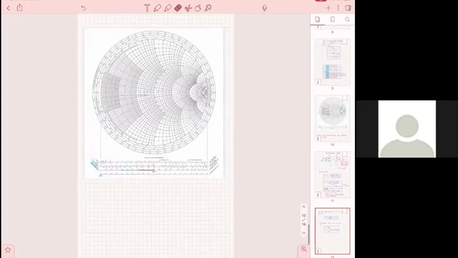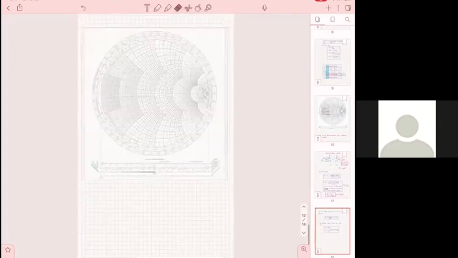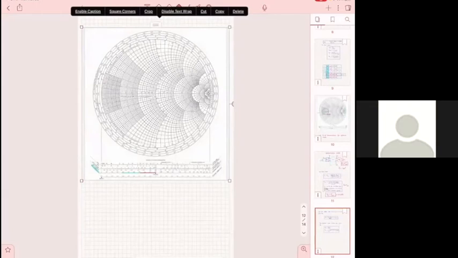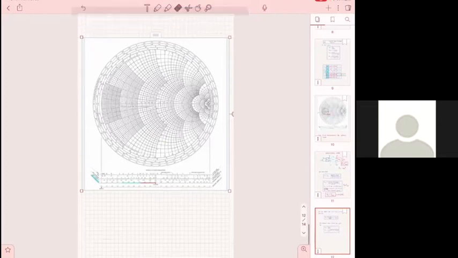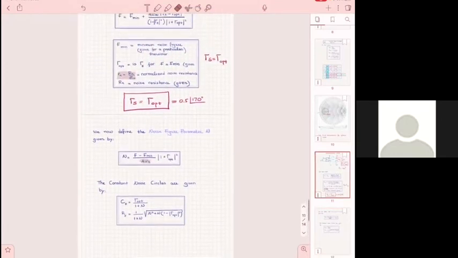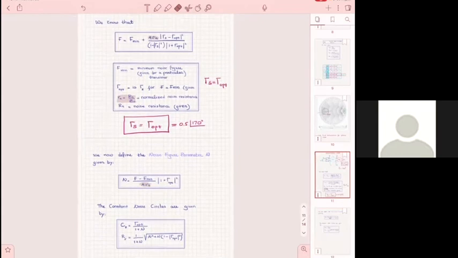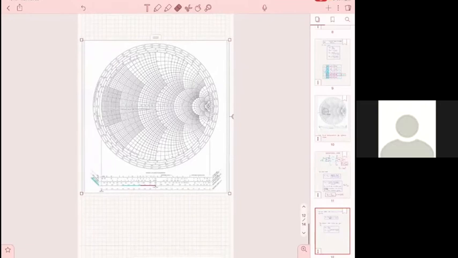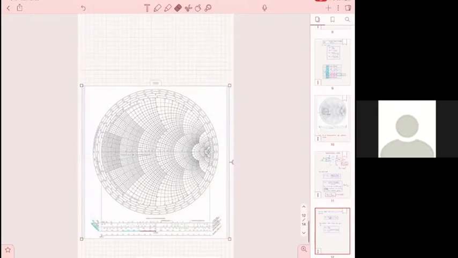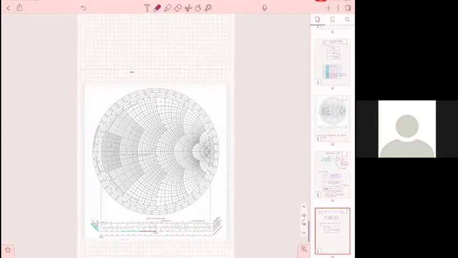Exactly. All of the circles, the stability circles, the gain circles, the noise circles, have the same process. Different equations, obviously, but after you find the value for the center and the radius, the process is the same. So now let's do the input matching network, and the output is going to be exactly identical in the process.